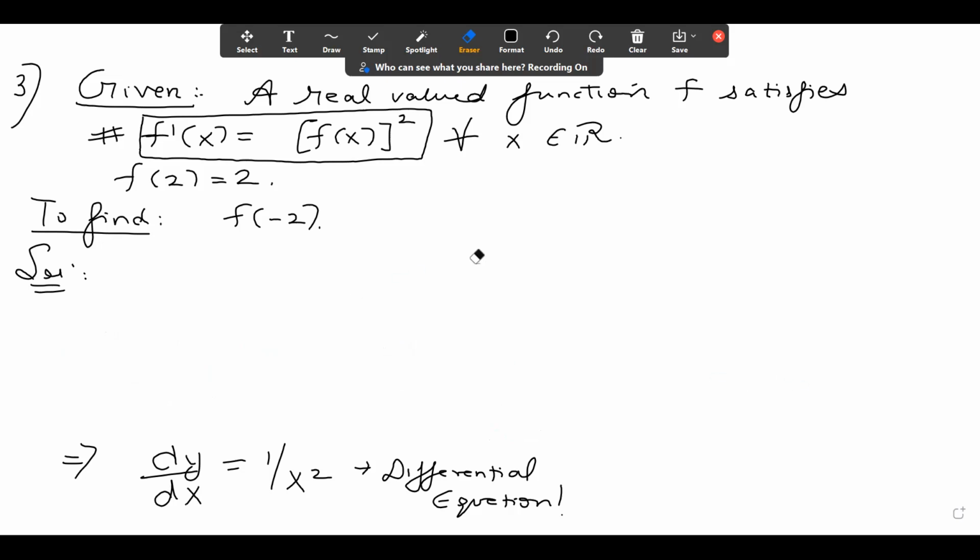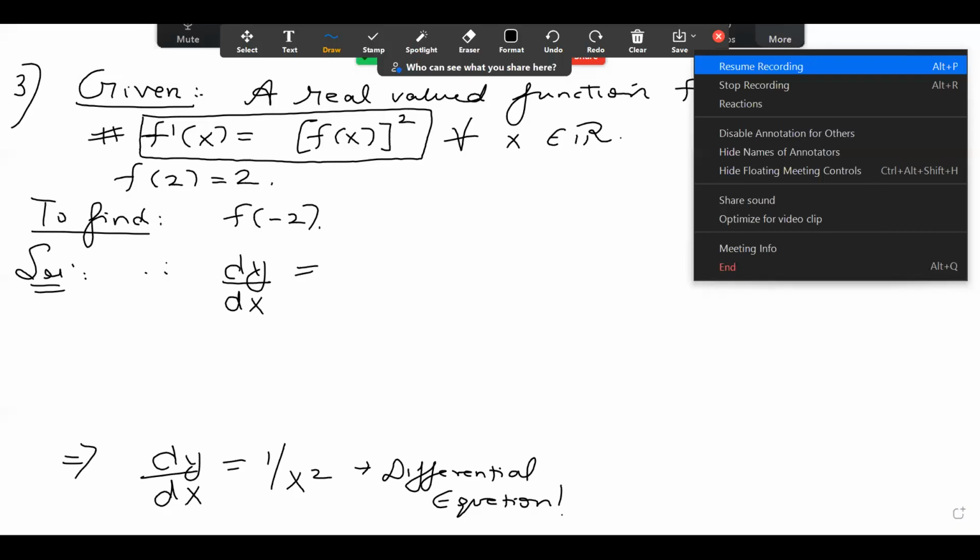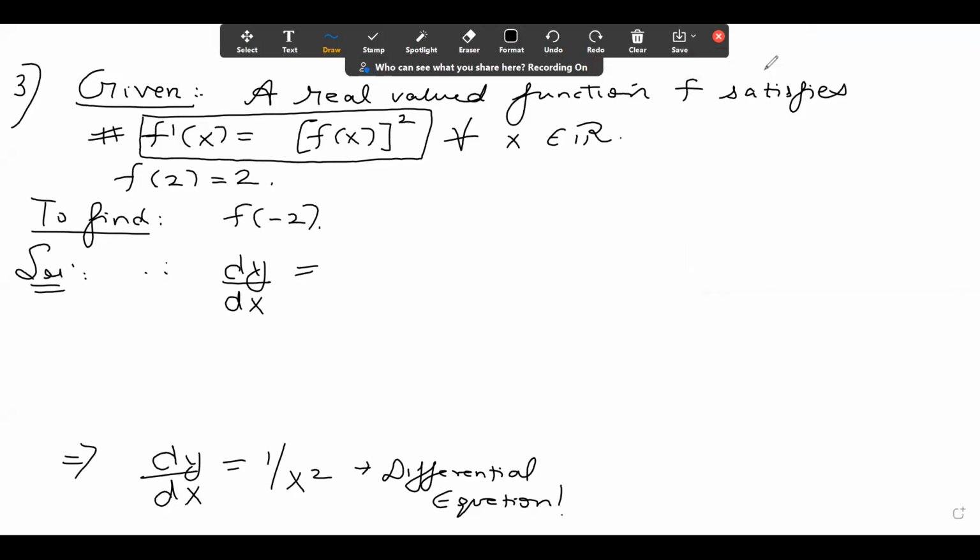Our dy by dx has come out as how much? f of x is nothing but y, guys. So I can write y square.